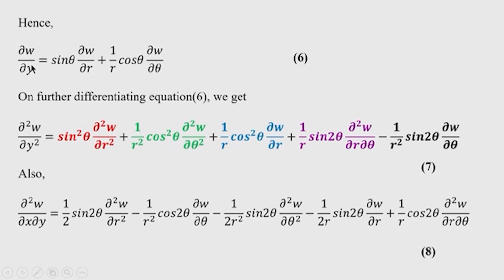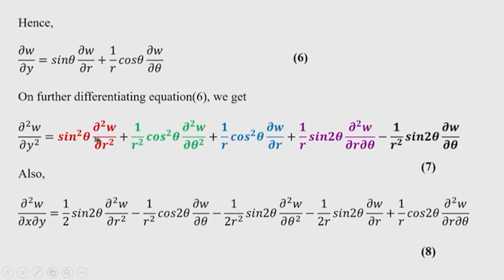The differential operator del by del y equals sin theta del by del r plus 1 by r cos theta del by del theta. Then differentiation of del w by del y again with respect to y will yield the equation like that.